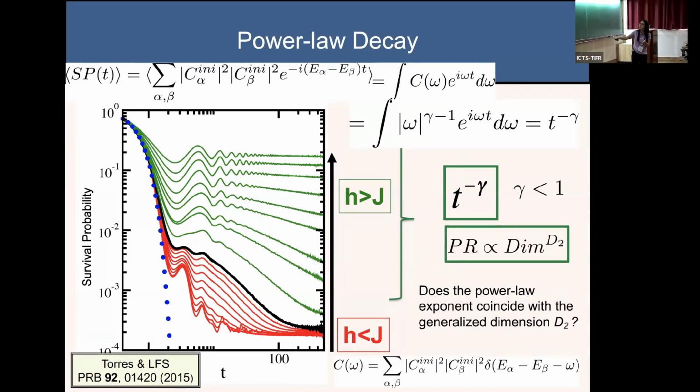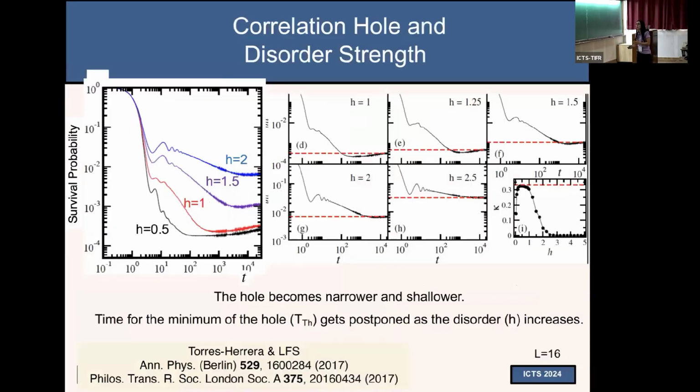We tried to do this also in this interacting model with Jonathan, but I think there is improvement in this direction. But the fact is there is a power law behavior, and where should it be coming from? From this correlation. So two different sources. We could never try to connect this with the fractal dimension because this is exponent 2. It's only when the exponent becomes smaller than 1 that we could do that.